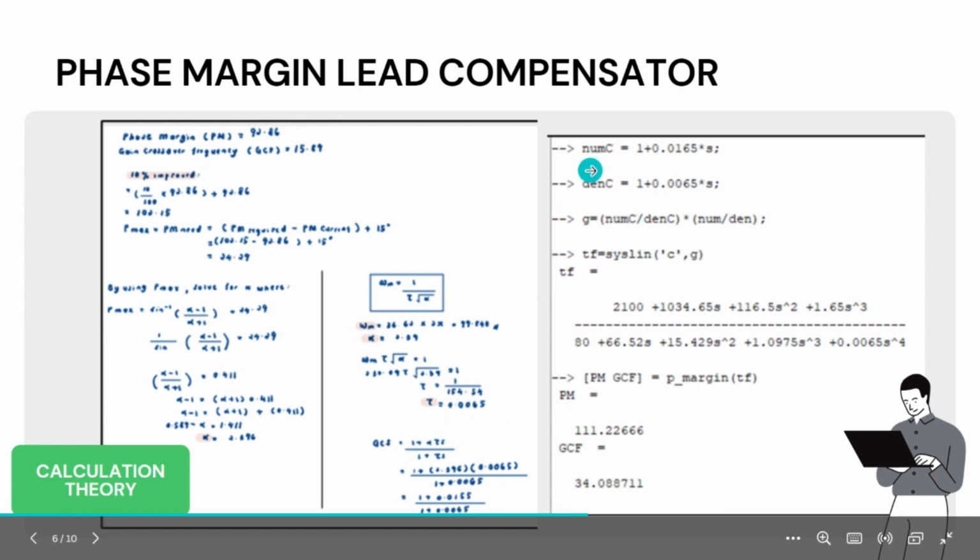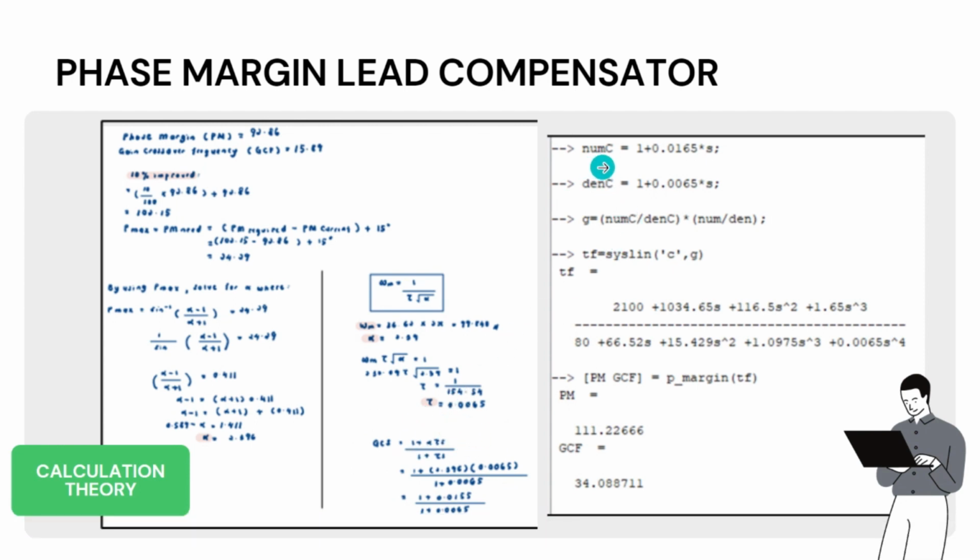This is numc, which represents the numerator, 1 plus 0.0165 multiplied by s. This is for the denominator, denc, 1 plus 0.0065 multiplied by s. This is the operation line, and this is the new transfer function.